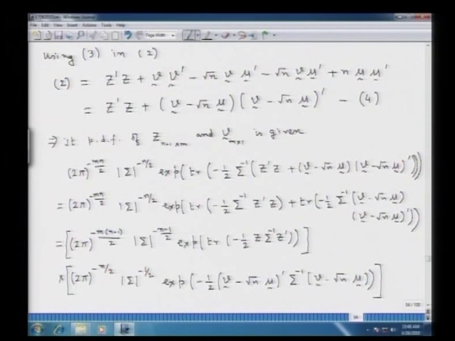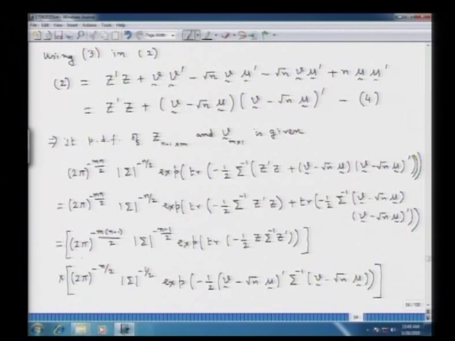That is the mean vector corresponding to this V, and what is the covariance matrix of this V vector? The covariance matrix of V is clearly this matrix which is sigma. So we have written it in that particular form, which readily gives us an idea about the distribution of this associated V.